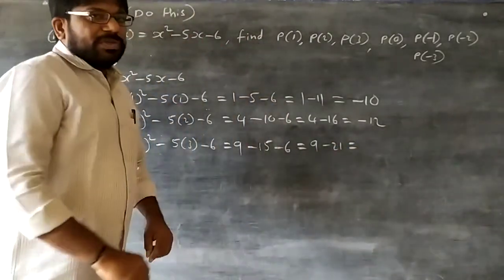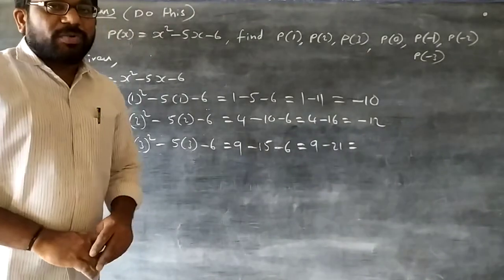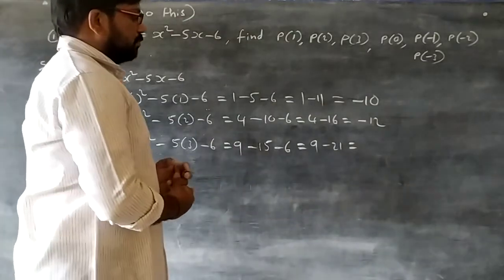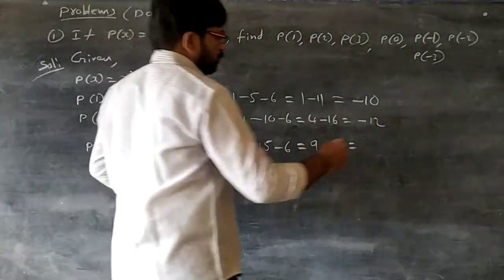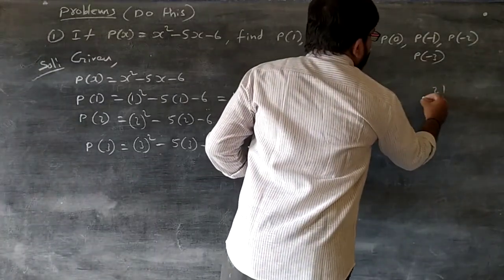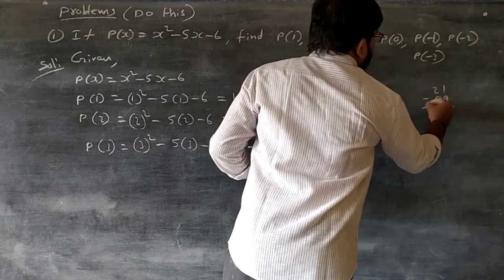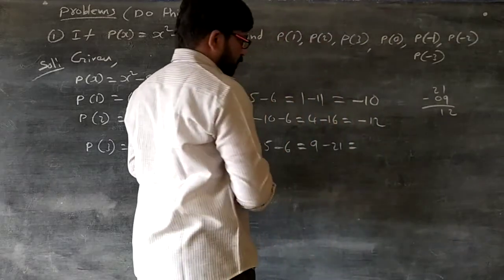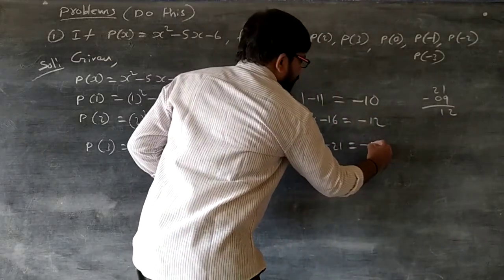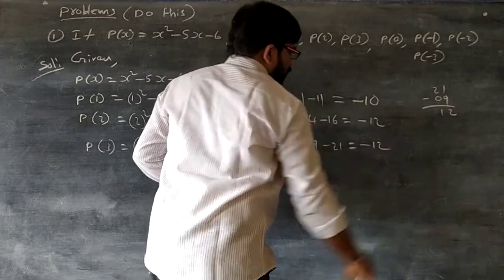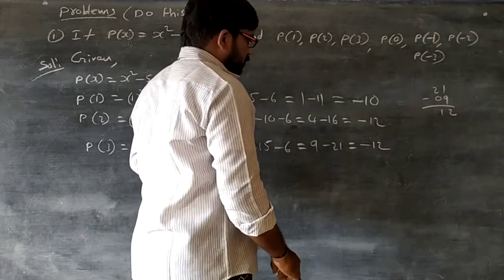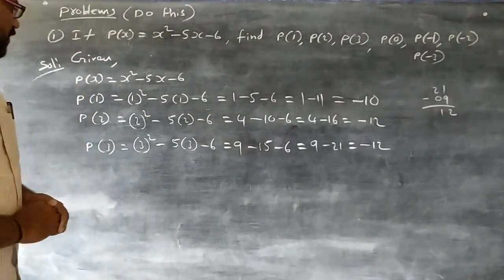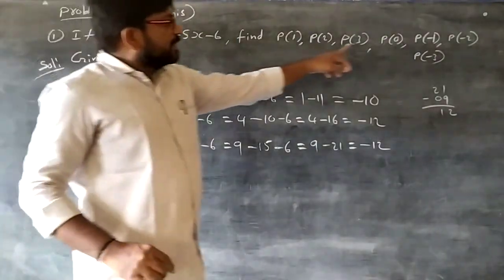So 9 minus 21 is minus 12. That's it. Next to p of 0.